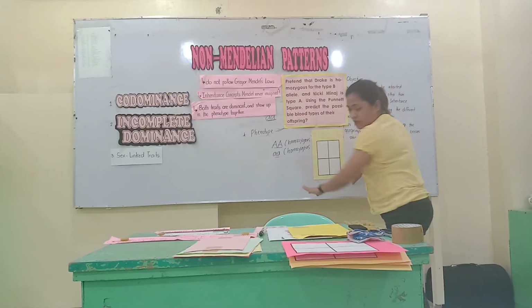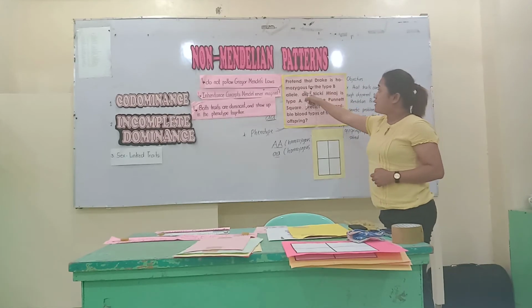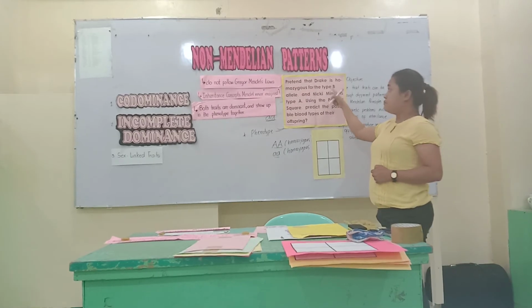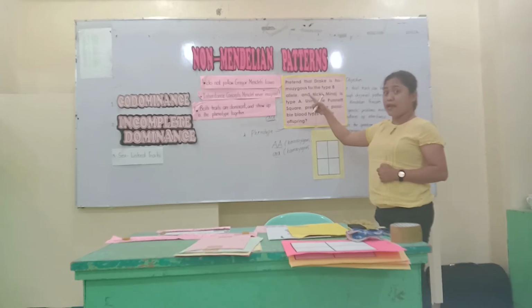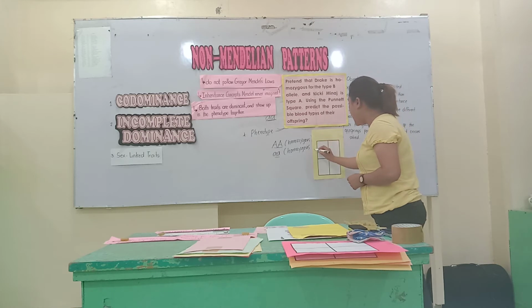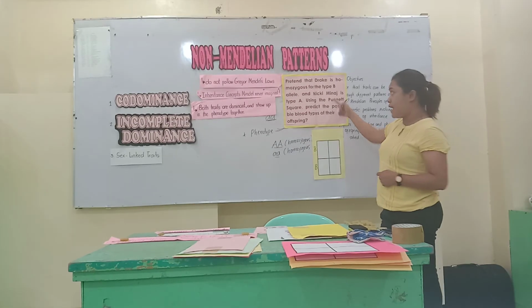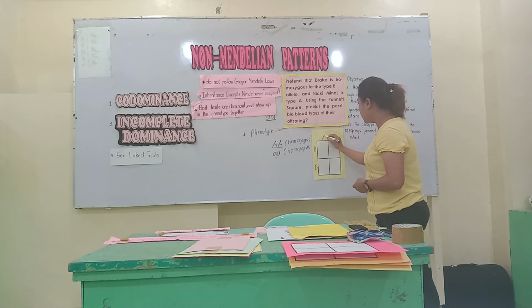Okay? Again, si Drake na ay homozygous for type B. Nicki Minaj has type A, still homozygous. So, you have Drake nga na ay type B, homozygous, pareho dagko. Nicki Minaj pod, type A, pareho pod dagko. Okay?